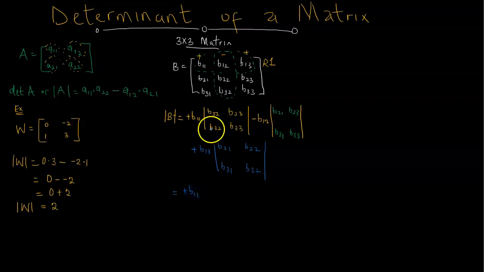Now the determinant of this matrix, this is a 2 by 2 matrix, so we are just going to follow this approach. So this is B22 times B33 minus B23 times B32. Then the next one is negative B12, I beg your pardon. Then the determinant of this matrix, that's going to be B21 times B33, then a minus B23 times B31.